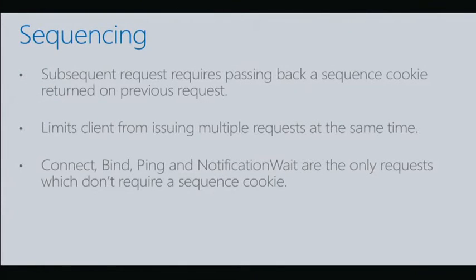So sequencing, that's the other cookie that gets returned to the client. A subsequent request requires passing back a sequence cookie returned on a previous request. This limits the client from issuing multiple requests at the same time. We theorize that in the RPC world, your requests are essentially guaranteed on the server to be dispatched one at a time.